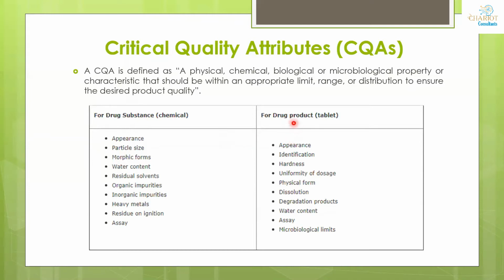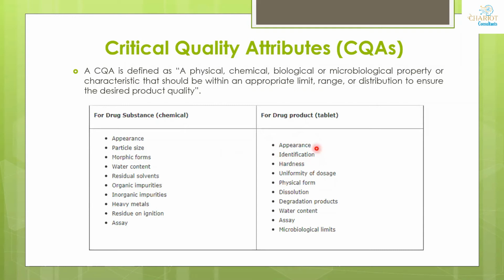When we talk about your drug product, your appearance is also very important, because today you are preparing a formulation which has X type of color, and in some days that color changes, so your specification will change. You should comply with the appearance.